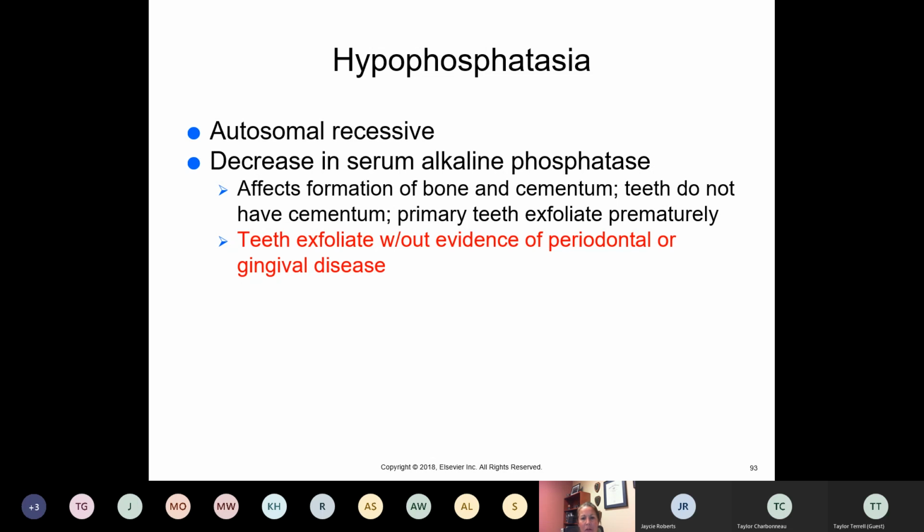Primary teeth will exfoliate prematurely. So many times the teeth are exfoliating without any sign of periodontal or gingival disease. It's due to the lack of phosphate and how that affects bone and cementum formation.